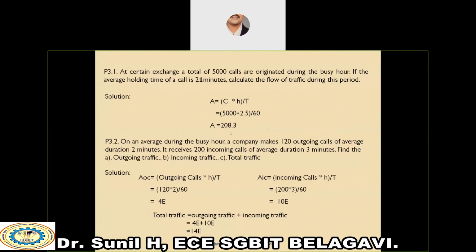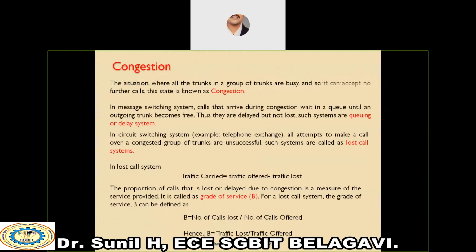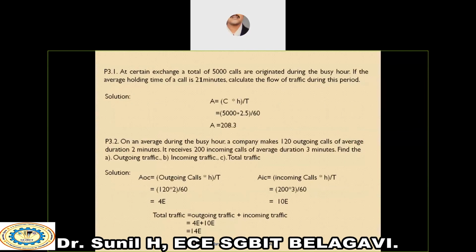Substitute the values: 5,000 into the holding time, which is 21 divided by 60, equal to 208.3.